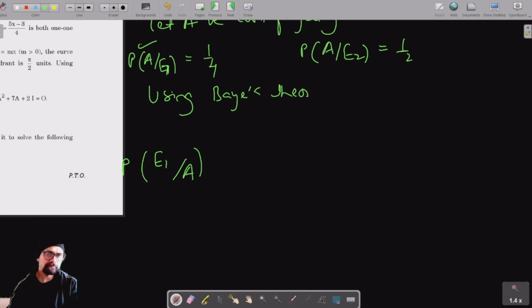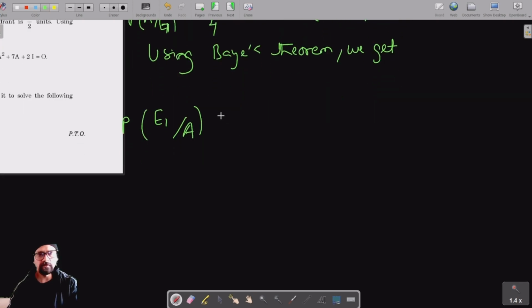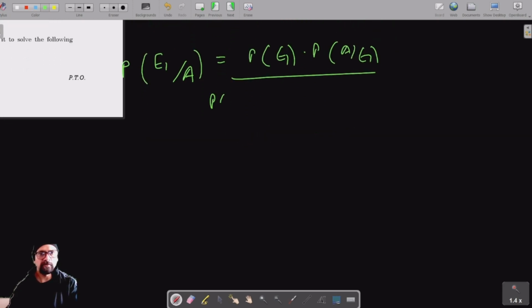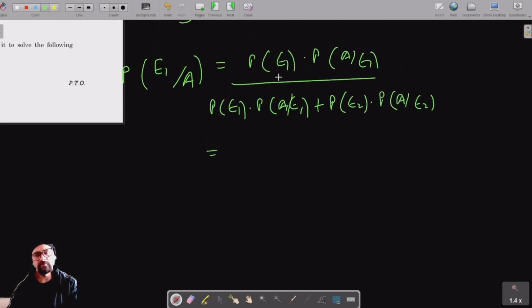So we are going to use Bayes theorem. This is the probability of E1 into probability of A by E1, upon probability of E1 into probability of A by E1 plus probability of E2 into probability of A by E2. Let's put in the respective values.